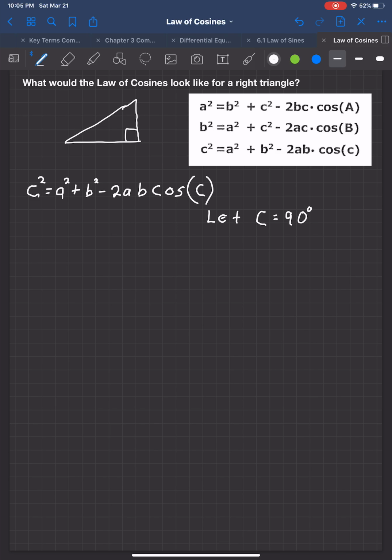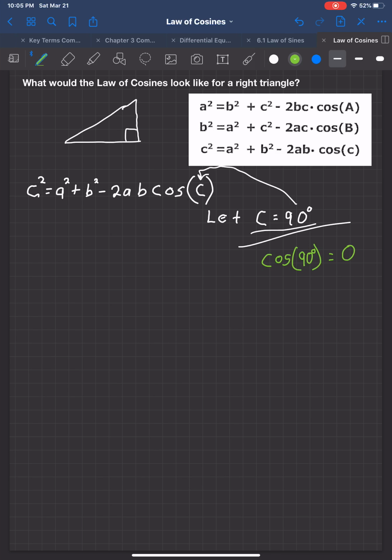So in other words, if you have a right triangle, and let's say the angle that you're given is 90 degrees, and so if you plug in 90 degrees here, what would the law of cosine look like? Well, what is cosine of 90 degrees? Right, what is cosine? Well, cosine of 90 degrees is 0.